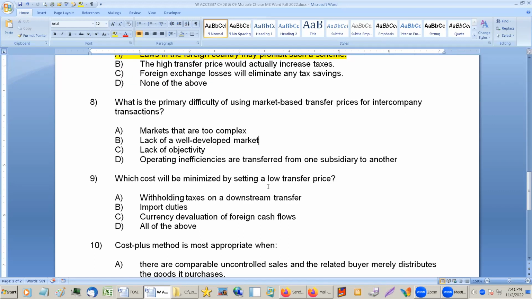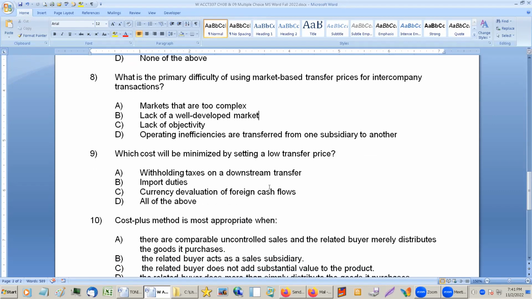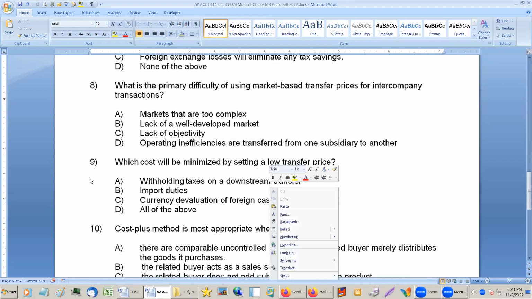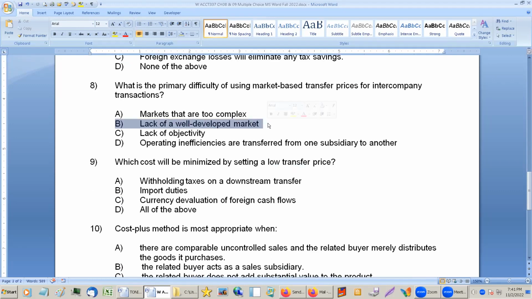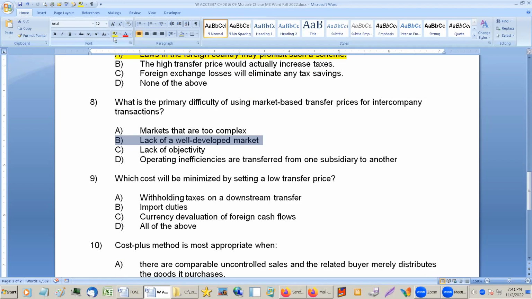What is the primary difficulty of using market-based prices for intercompany transactions? B is right. It's hard to tell if there's something specific that you're putting in the product, what is it worth?